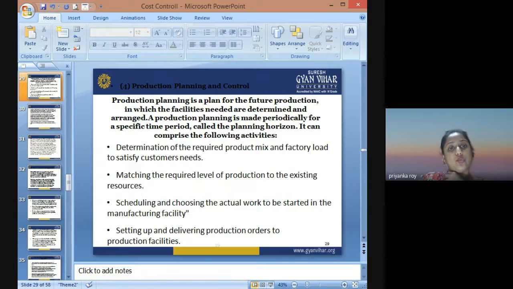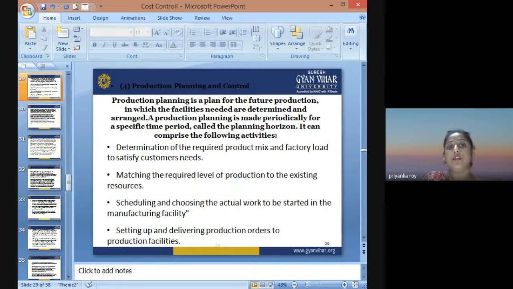Production planning and control. Production planning is a plan for the future production in which the facility needs are determined and arranged. A production plan is made periodically for a specific time period called the planning horizon.